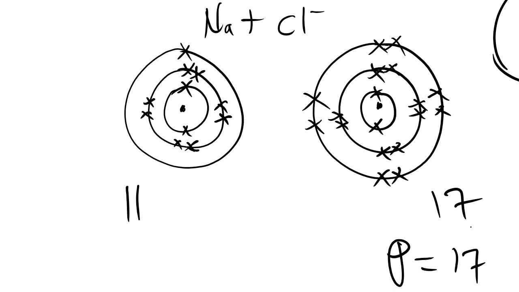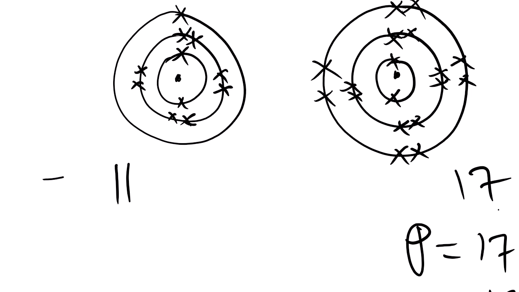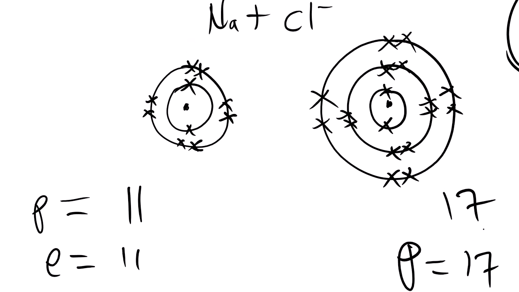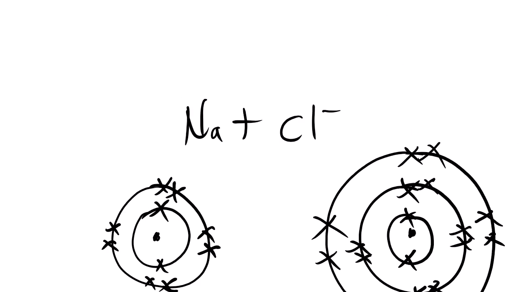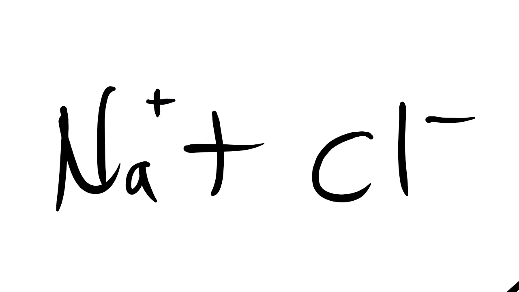And in the case of sodium, before transfer you have 11 protons and 11 electrons, but now you lose 1 electron to give chlorine, so you will have 10 electrons. When you subtract 10 from 11 positive, you will end up having +1. That's the reason this sodium will become +1.